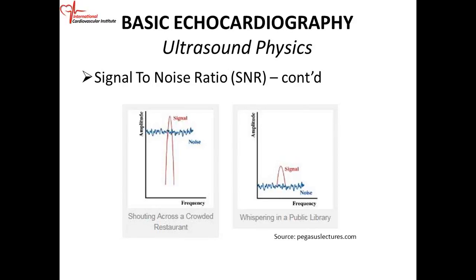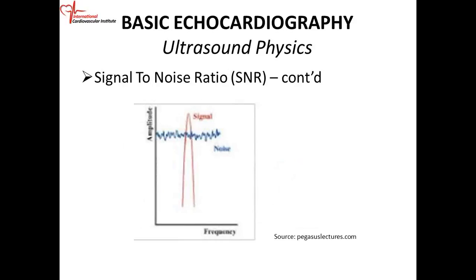If we're in a library where it's quieter, and you're giving some type of instruction, which is a signal, that's what you want to hear. The signal to noise ratio is going to be larger because you have more signal, less noise. Just a rough example.